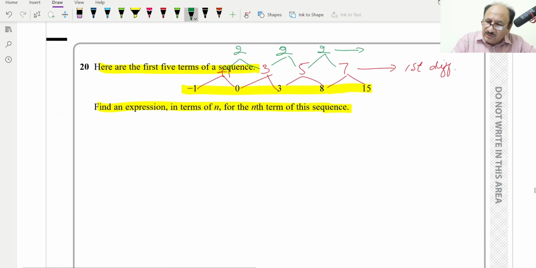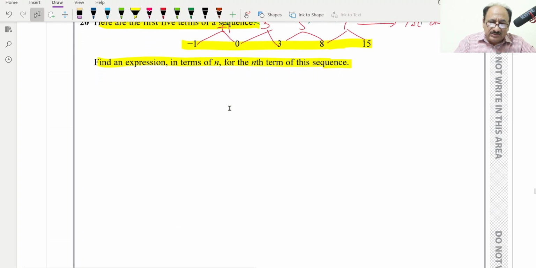Now this second difference is the same, so it means that this is a quadratic sequence. For a quadratic sequence, the first thing we do is take the second order difference.